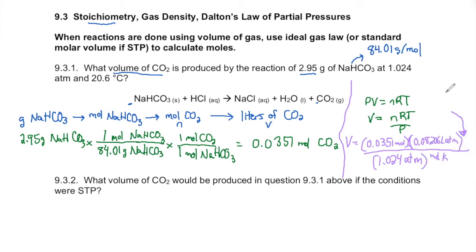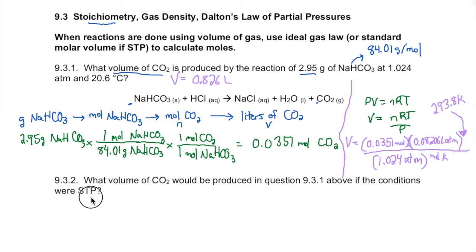Unfortunately, I'm running out of room on the screen here, but 20.6 degrees Celsius is the same as 293.8 Kelvin. So that also needs to be in the numerator over here. And when we solve for that, that comes out to be 0.826 liters of carbon dioxide gas.